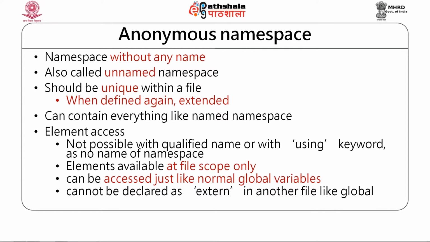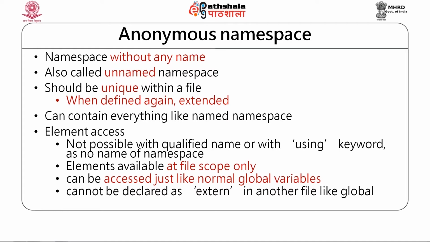Okay. Till now we have seen the namespace which is created using some name. So, we were giving the name to our user defined namespace. If we want, we can even create the anonymous namespace. Anonymous, when we say it does not have any name, so sometimes it is also called unnamed namespace.